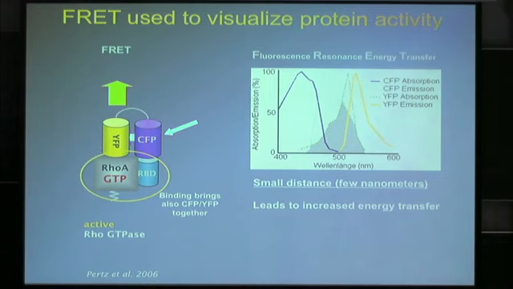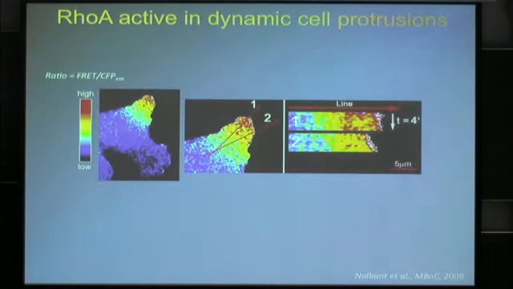So Olivier could very nicely show in migrating cells that RhoA is active in the front region, and persistently. This was very new because, as I said, everybody was thinking that because RhoA makes lots of contractility in the back, it must be highly active in the back. But we could confirm this in other cell types as well, such as in HeLa cells here.